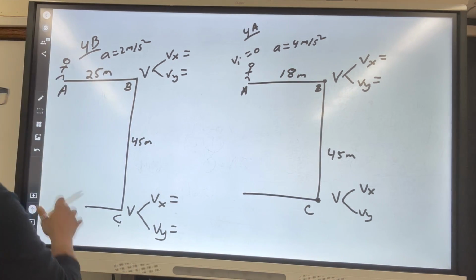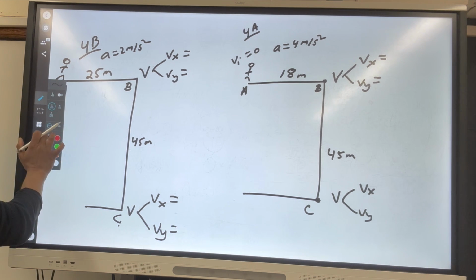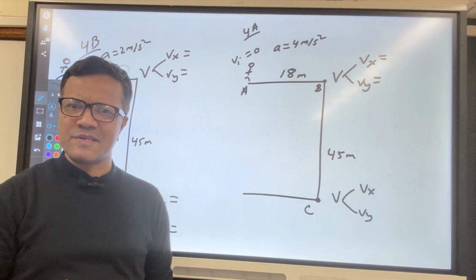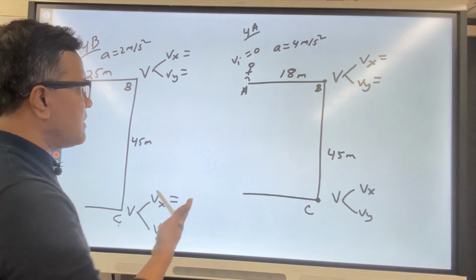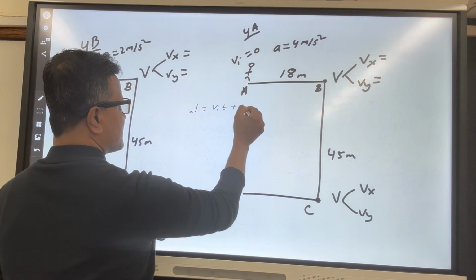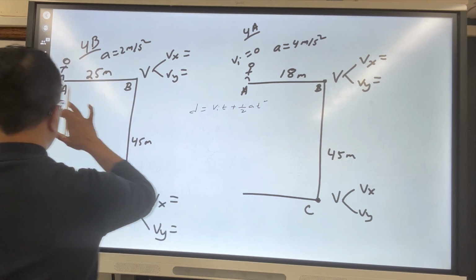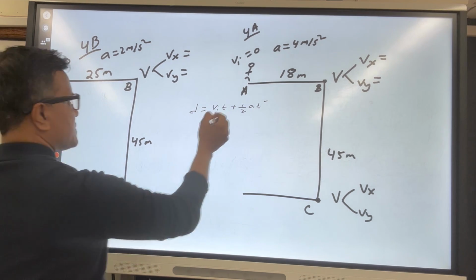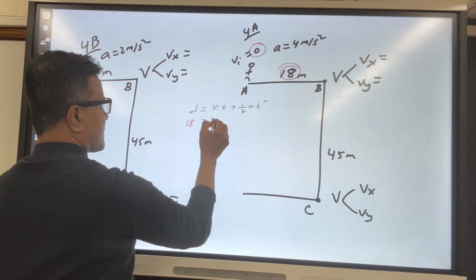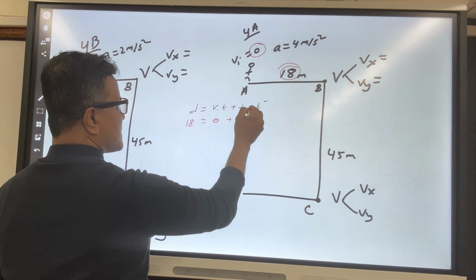So let's solve the problem to help you understand why I have two scenarios, and to help you understand a big idea. All right, so d is equal to vit plus half at squared. This is how we're going to start our conversation. So d is 18, vi is 0, plus half acceleration.